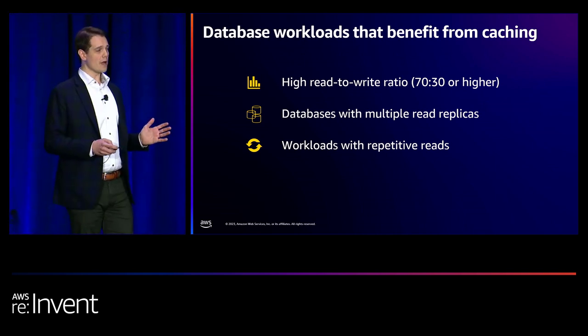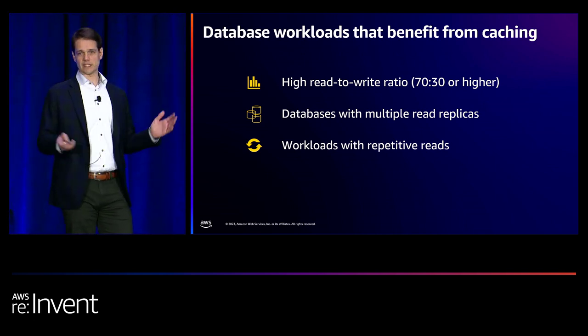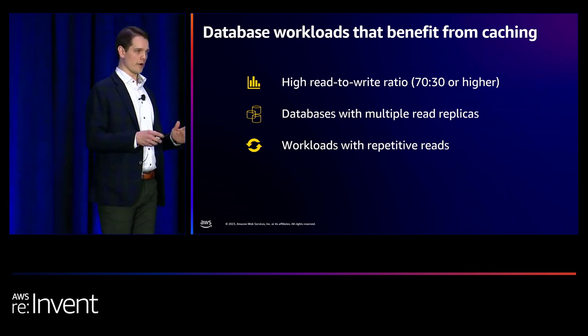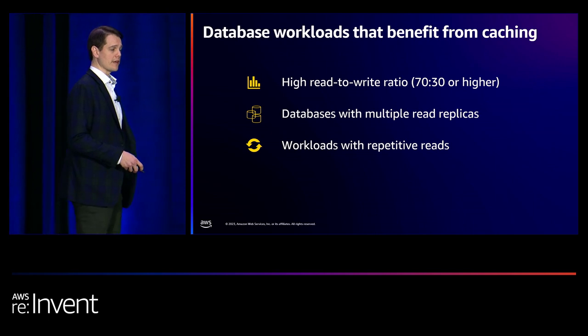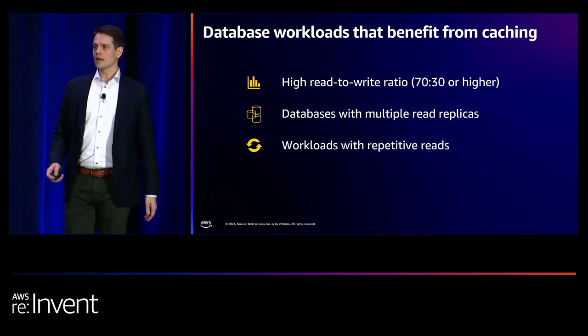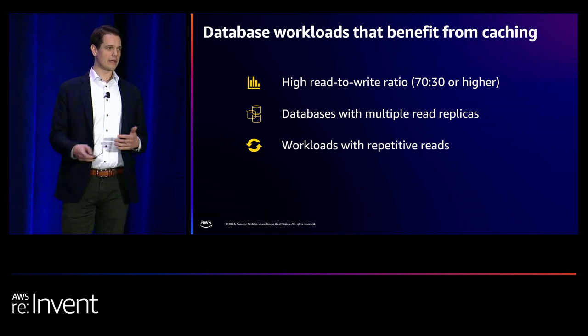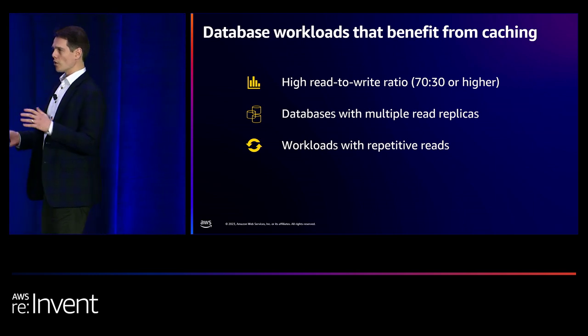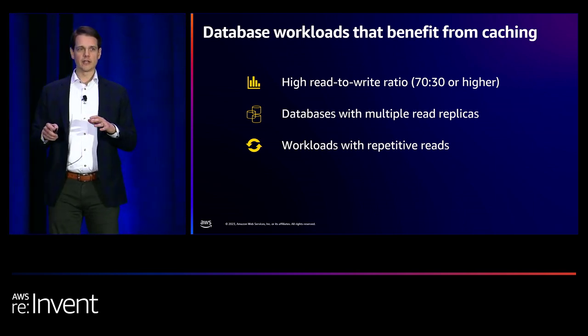On the flip side, if you have a read-heavy workload, you could have something that's 95% reads, but it's uniform across all the data and all the queries, meaning equal probability for any given query. One of two things might happen there. Either you have a really large cache because you basically have to cache everything, and that's going to increase your cost, or you have a smaller, more constrained cache, and it's thrashing.